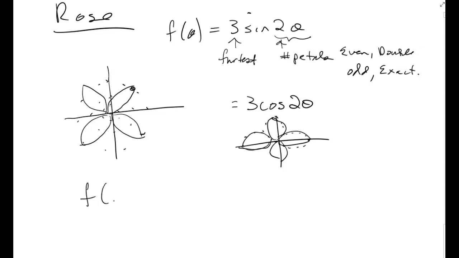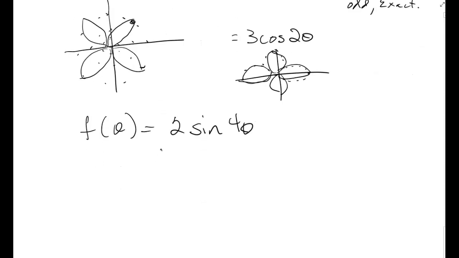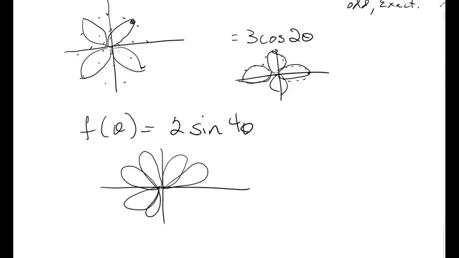So for example, f of theta equals 2 sine 4 theta would actually have 2 loops in each quadrant. I can't draw really well, right? And each of them will go out to 2. So that would be a unit of 2.